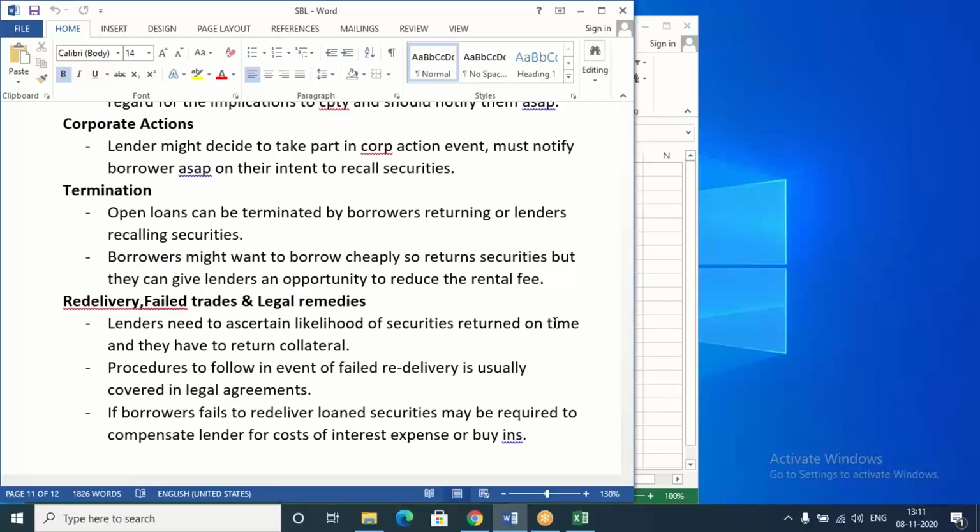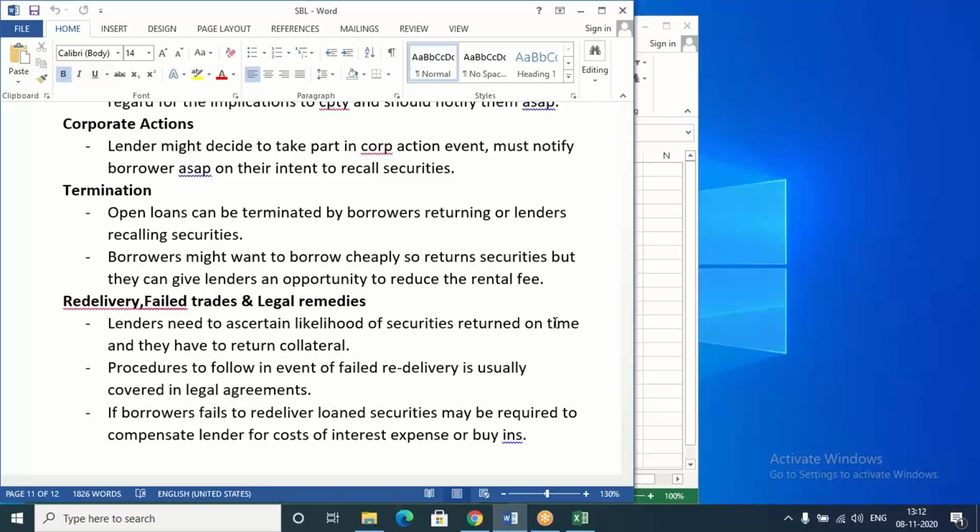Listen. I'm a lender, okay? And you are the person who borrowed the Apple shares from me. Now, on the other side, I have, let's say, Vatsal again, who wants to buy the Apple shares. The difference is, I've loaned the Apple shares to you, but Vatsal wants to buy the Apple shares from me.